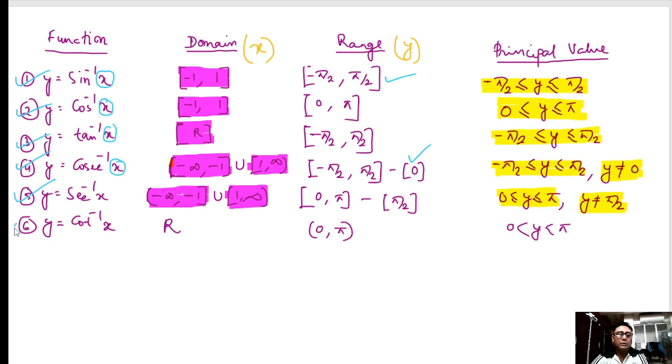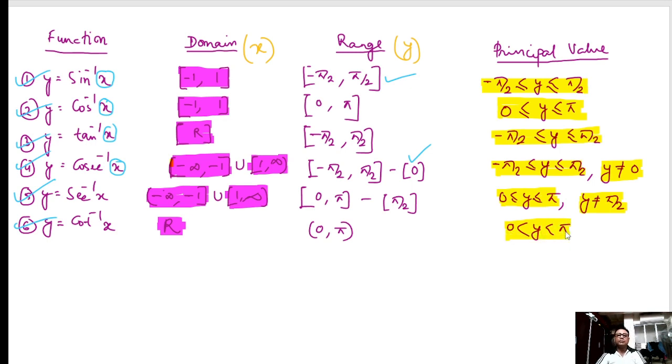Next is for cot inverse x. I can put any real values of x, and I can get from 0 to π.